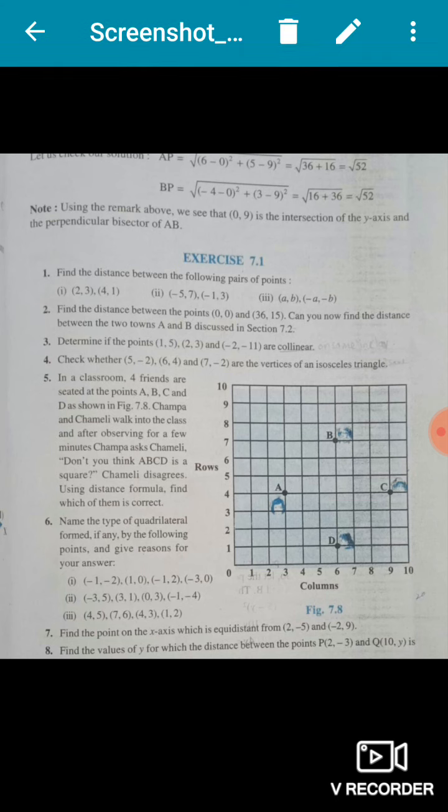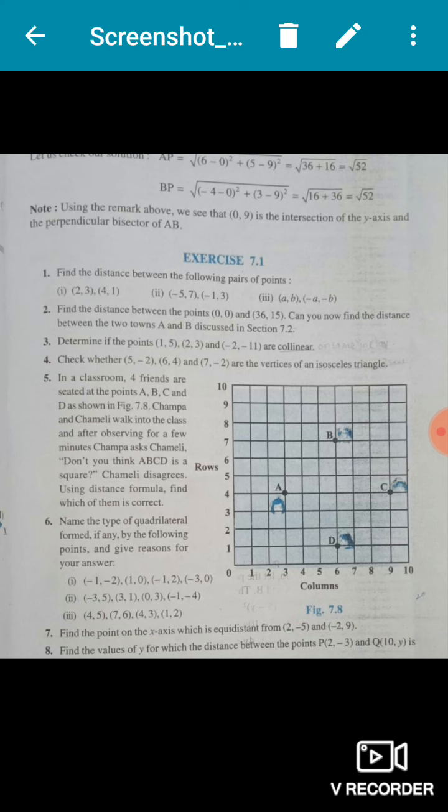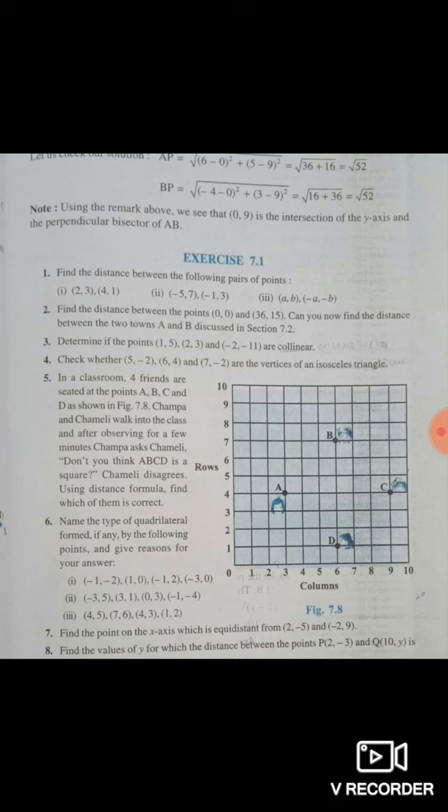how to find the distance between 2 points when its coordinates are given. Okay, like in ninth class we have done only this much, that how to plot a point on the graph on the Cartesian plane when coordinates are given to us, or how to read the coordinates of a point which is given already on the Cartesian plane, and to check in which quadrant or on which axis it lies. Okay, this type of questions we have done, but now we will learn how to find the distance between 2 points whose coordinates are given using the distance formula.